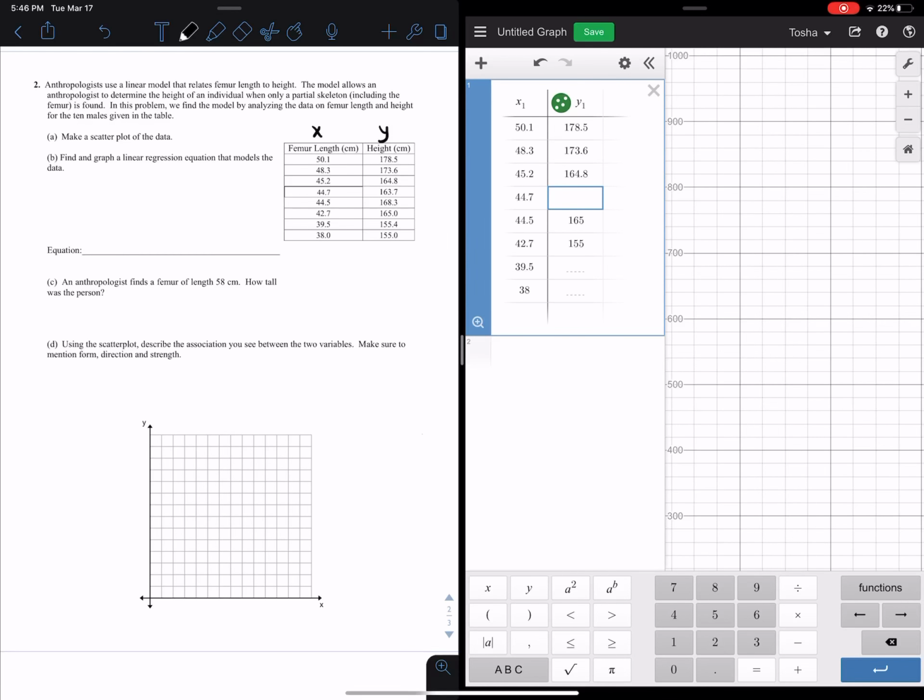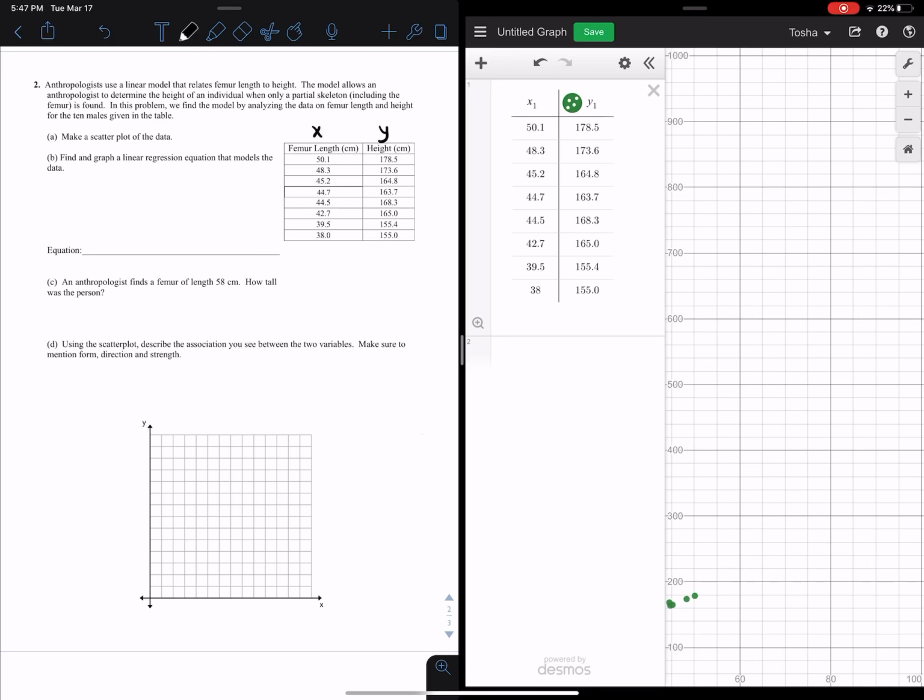So we have 164.8, and then we have 163.7, and then 168.3, 165, 155.4, and 155. And you could put 155.0 and 165.0 if you wanted to, but it's the same thing if you don't include the .0.